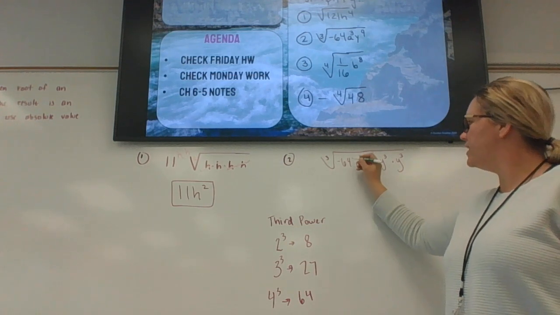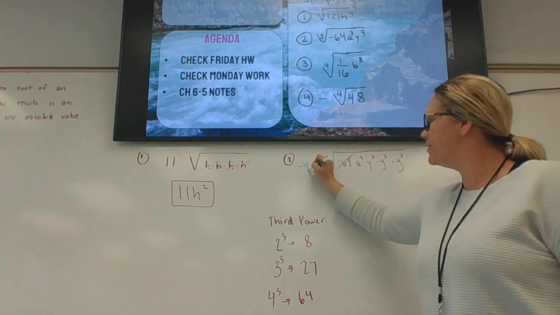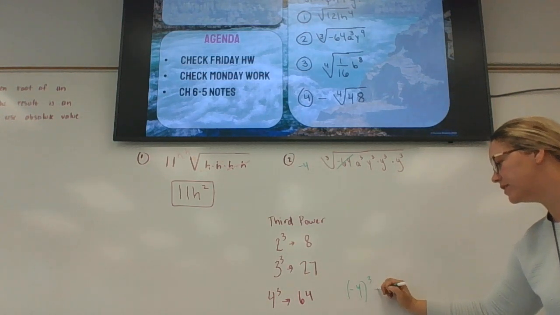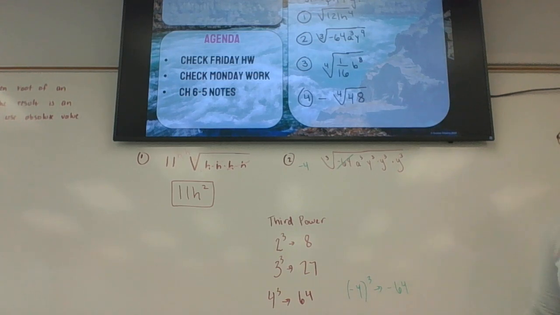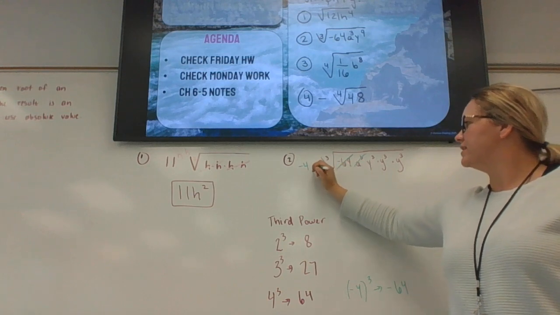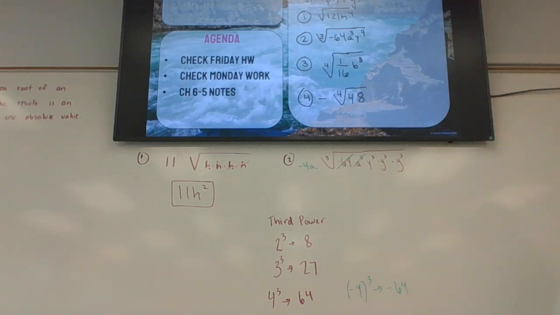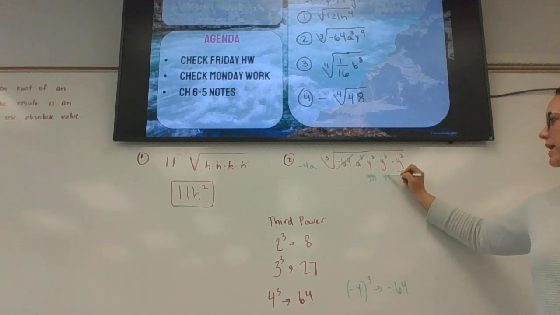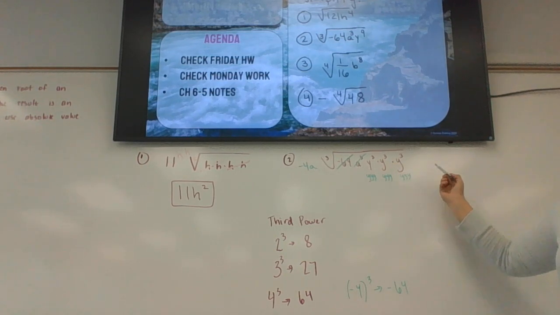So the cube root of negative 64 is negative 4. And that's because negative 4 to the third power is negative 64. The cube root of a to the third is a. And the cube root of y to the ninth. Well, if I split y to the ninth up into groups of 3, or maybe you still just want to write 9 y's out, that's fine.